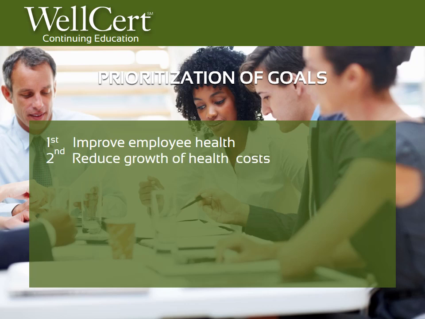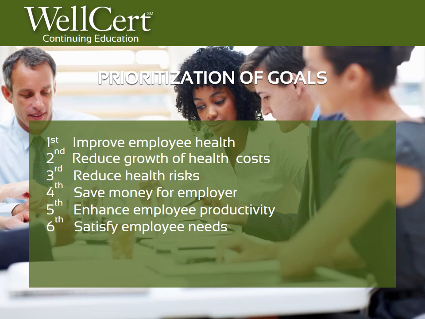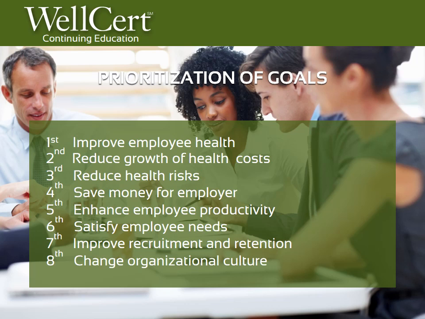Our second highest is to reduce the growth of future medical costs. The third is to reduce health risk. The fourth might be to save money for our employer. The fifth might be to enhance employee productivity. The sixth might be to satisfy employee needs. The seventh might be to improve recruitment and retention. And the eighth might be to change organizational culture.